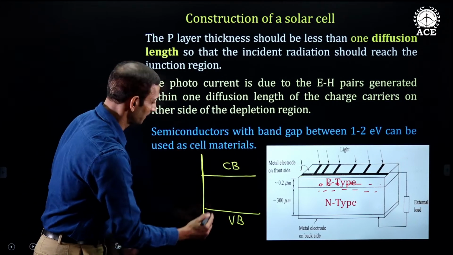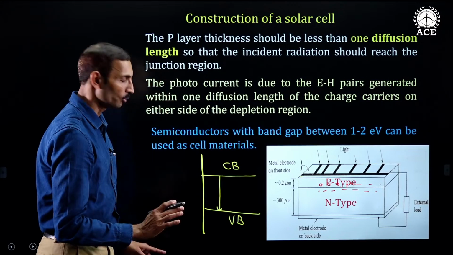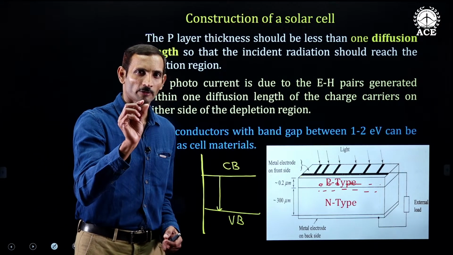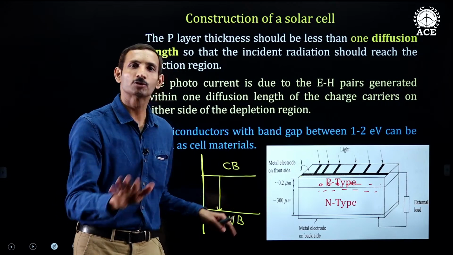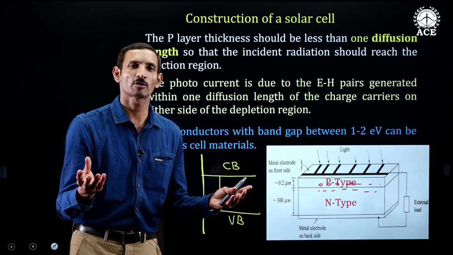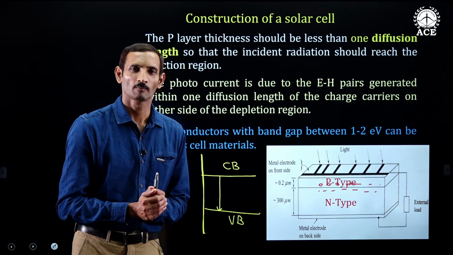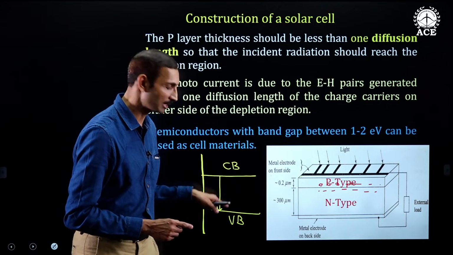If this gap is high, the energy would be more. Now, a photon with energy less than that of the band gap is no way useful, because it can never generate an electron and a hole. It can never break a covalent bond if the energy of the photon is less than the band gap.